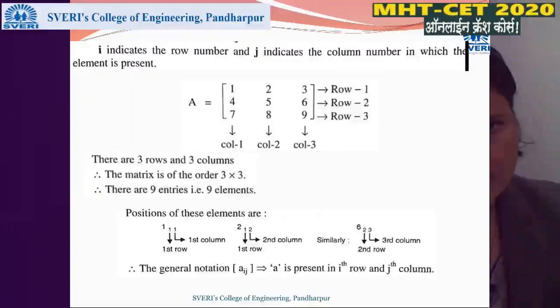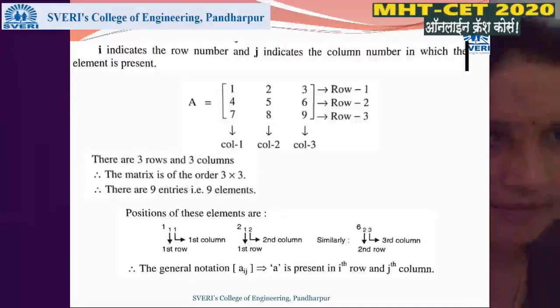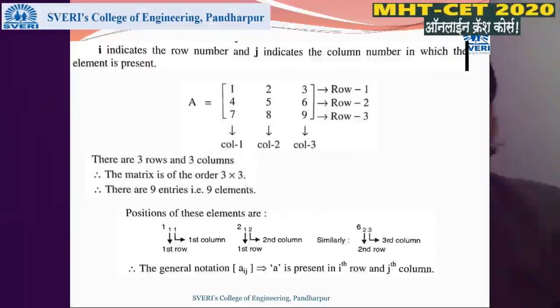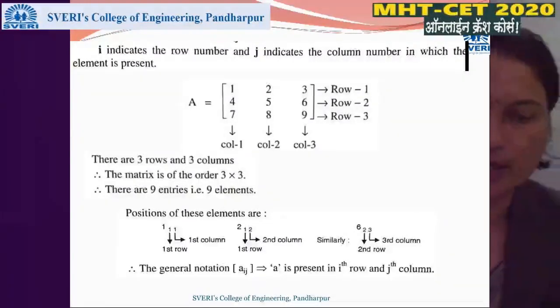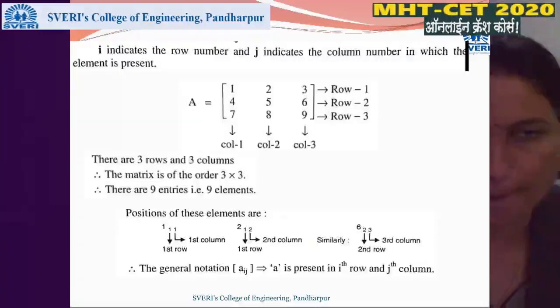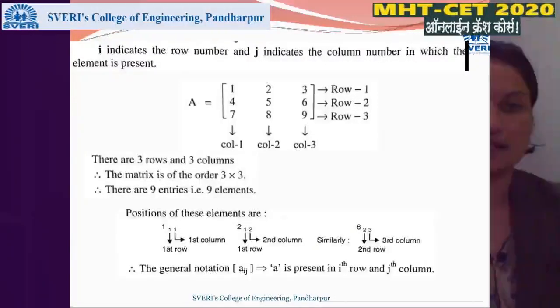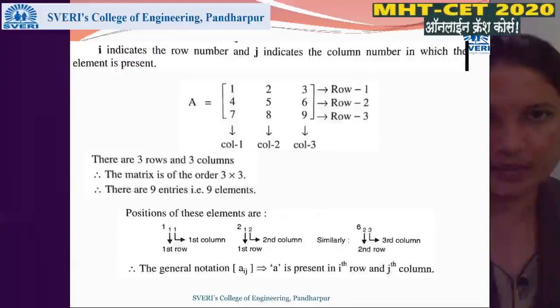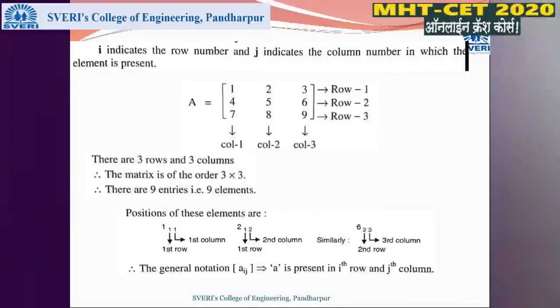Here we are taking one simple example with elements 1, 2, 3, 4, 5, 6, 7, 8, 9. In the first row we have elements 1, 2, 3. In the second row we have elements 4, 5, 6, and in the third row we have elements 7, 8, 9. There are 3 columns and 3 rows, so this matrix is of order 3 by 3. Now see the position of elements.